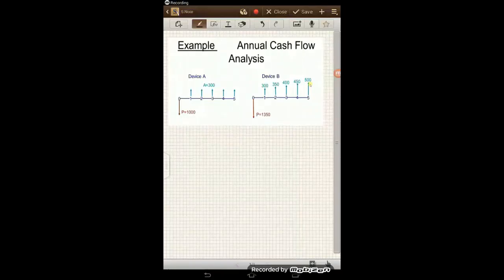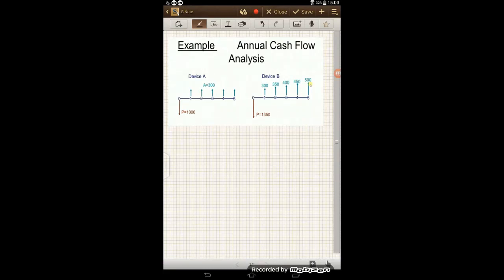Now we are going to see how we analyze if we have two different options, device A and device B. In this question, in device A, we are paying $1,000 at the beginning. Let's say there's a manufacturer or machine we bought for $1,000, then every year for 5 years, it brings $300.